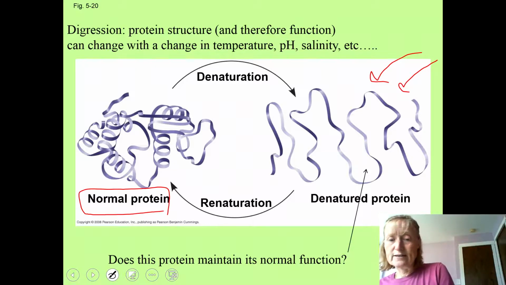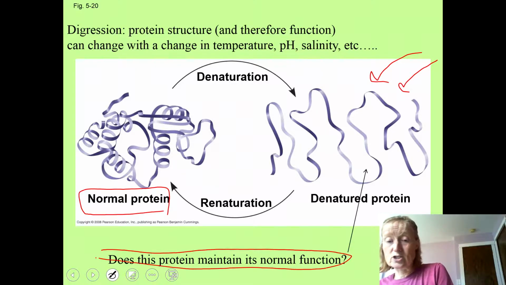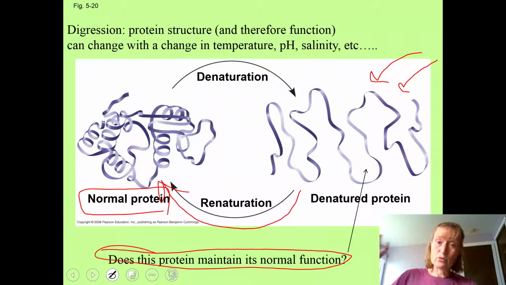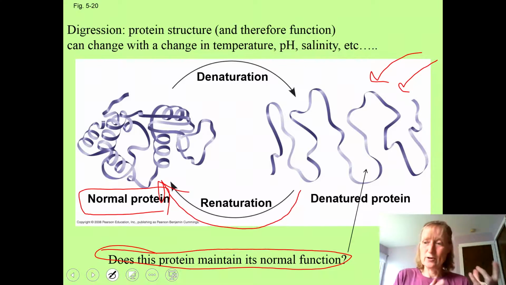Do you think a protein that has lost its shape can function? Shape determines function. Occasionally, proteins that are denatured can be renatured. They can be folded back again into their complicated 3-dimensional shape. We call that renaturing.